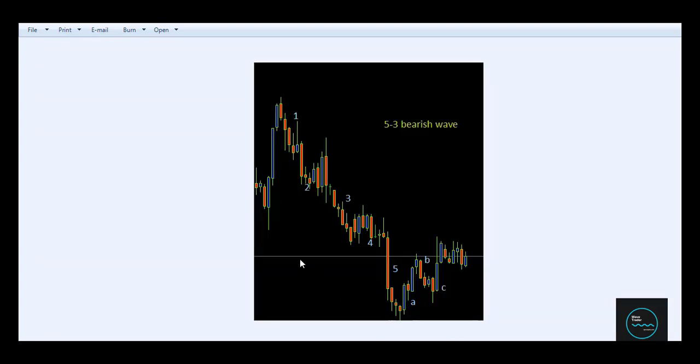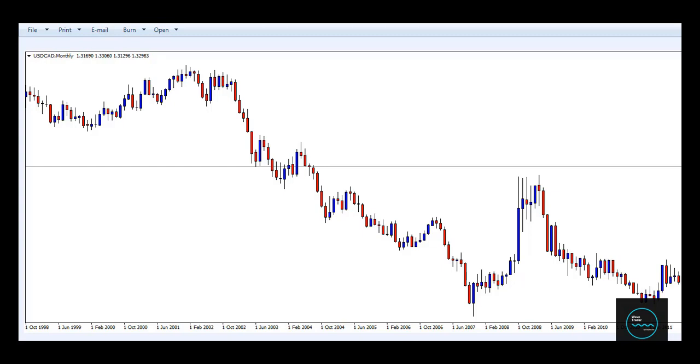So this is how it will look like on your chart. A bearish 5 waves. We have the first wave, the second wave, the third wave, the fourth wave, and the fifth wave, and then it corrects itself to begin another waveform. So this is the USD CAD monthly chart.